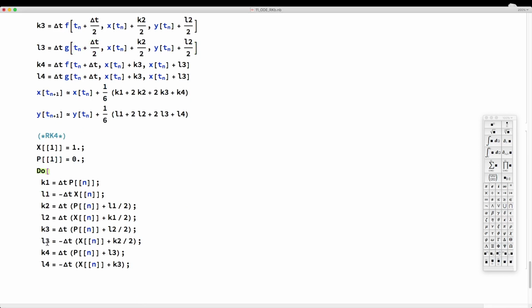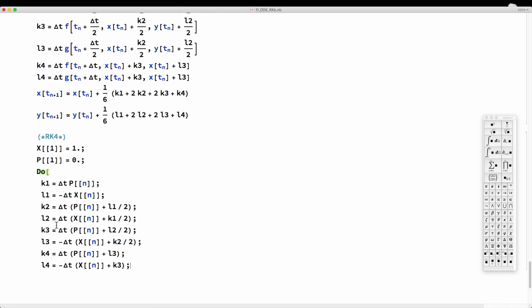So k3, L3, k4, L4 are given by these expressions. They're just very similar. So k2 and L2 show up here in the calculation of k3 and L3, and then these quantities k3 and L3 are used to calculate k4 and L4. And then finally, the next time step will be given by these expressions.